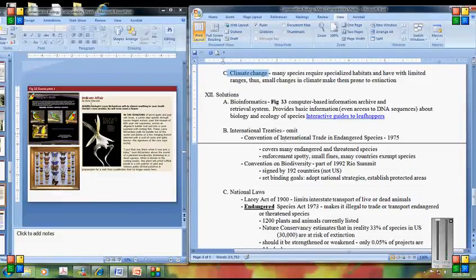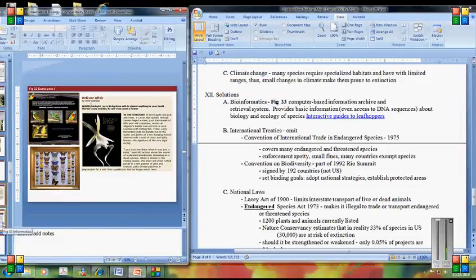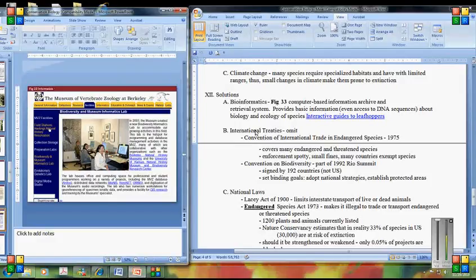Solution, just quickly, bioinformatics. This is the notion that basically you can't protect stuff unless you know what's there. So there's a big effort to use the internet to gain basic information on everything that we know, from DNA to the range of species to the names of species, so that when people are interested in preserving biodiversity, they have ready access to all available knowledge.